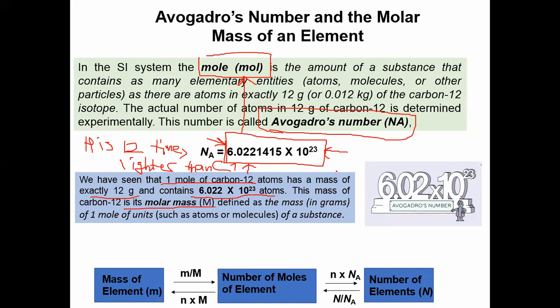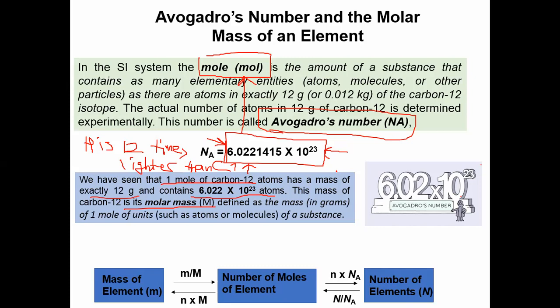Again, we know Avogadro's number divided by 12. Well, if you divide Avogadro's number by 12, it's going to be 0.5 times 10 to the power 23.